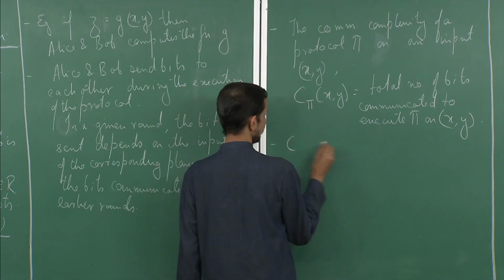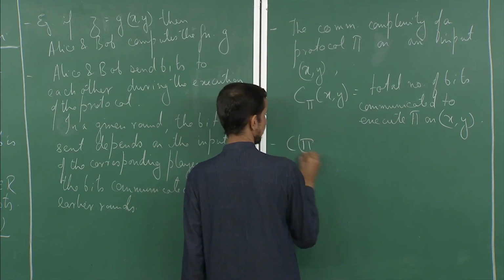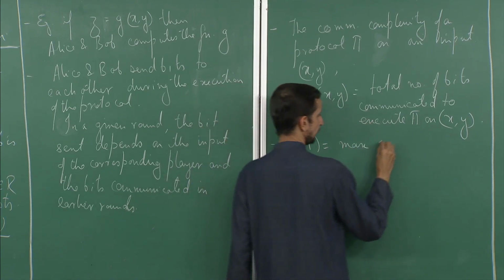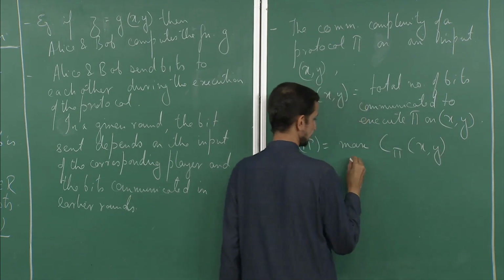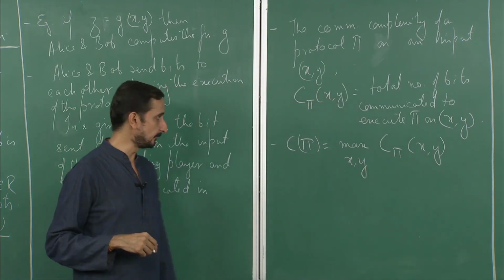The communication complexity of a protocol pi, we define as C(pi), the maximum communication complexity over all pairs of inputs. Okay, this is the standard way.